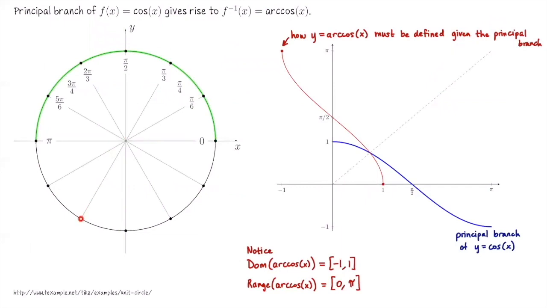Instead, it's down here in the third quadrant. So what we would do is come down, figure out that we're in the third quadrant. What cosine value is that? It's actually going to be -1/2. So then I want to come straight up to the principal branch of cosine and figure out what angle would give me a cosine output of -1/2. And the angle between 0 and pi which does that is 2 pi over 3.